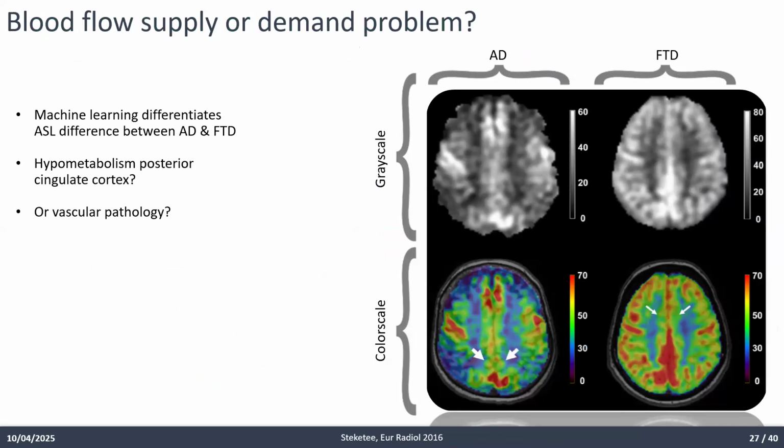But that still begs the question: if you see something like this, so this was a study where we asked machine learning to differentiate between AD and FTD, Alzheimer's disease and frontotemporal dementia. It picked up these two regions that are typical for AD and one for FTD.